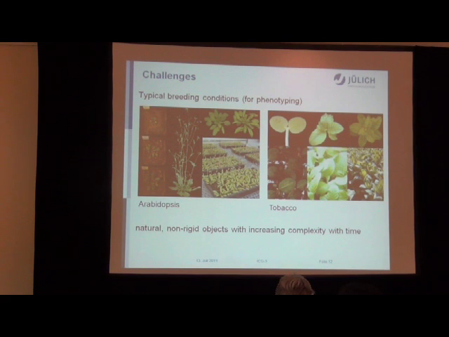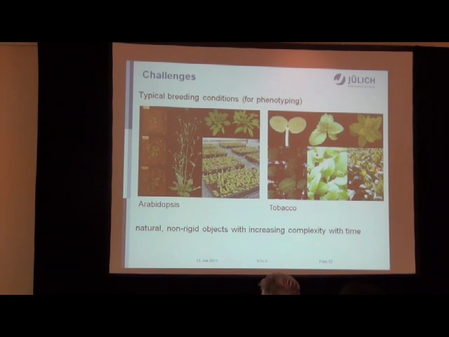And most of these experiments are done with the plants fixed somehow, so that they can better measure. But what we really want to do is to observe the plants without disturbing them. And this is a quite challenging task, because at the beginning the plant is quite thin, but then over time becomes more and more complex.